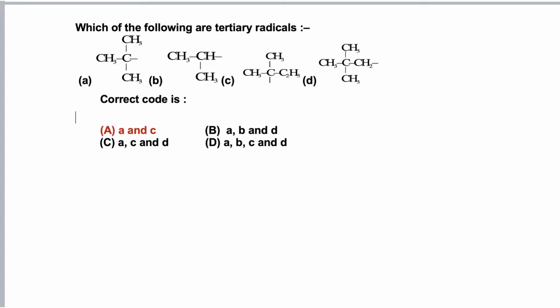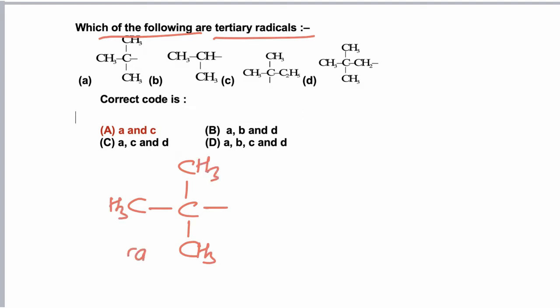In this question, we have to find which of the following are tertiary radicals. So if the carbon atom which has the free valency is directly connected with 3 other carbon atoms, then it is said to be tertiary. So A is a tertiary radical because this carbon has the free valency and it is directly connected with 3 other carbon atoms.